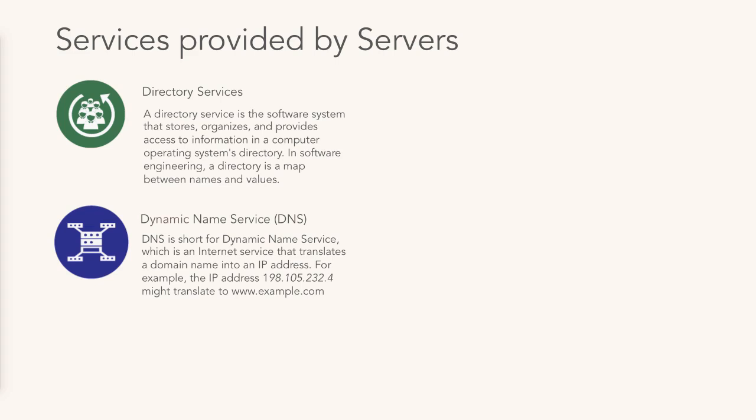There's actually big managed DNS servers out there that keep the whole internet afloat. And if they were to disappear, our whole lives would fall apart. And I've got a separate session coming up on that. But just for right now, DNS, dynamic name service, basically translates the addresses into a friendly name so you can easily find it on your network, on the internet, etc. So again, this is one service that a server can provide.